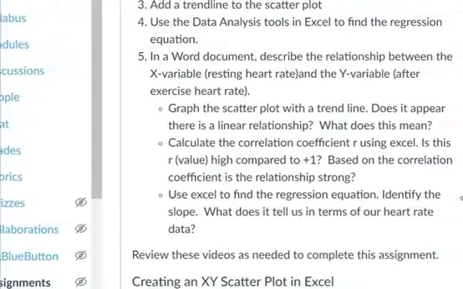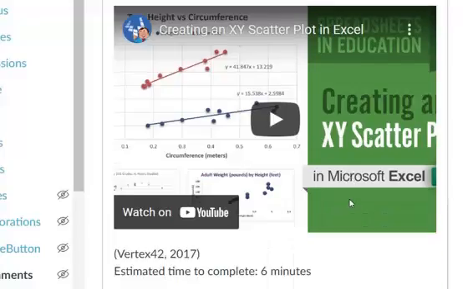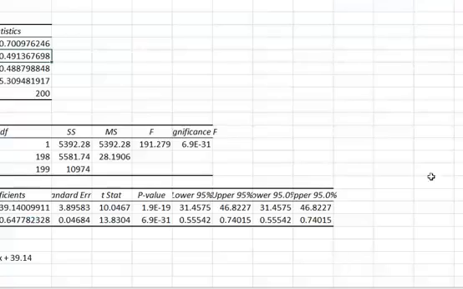And so is the relationship strong? A linear relationship is strong if R is close to 1 or it's close to -1. If R is close to 0, then it is a weak relationship. Okay, and then the slope we already talked about. What does the slope indicate?